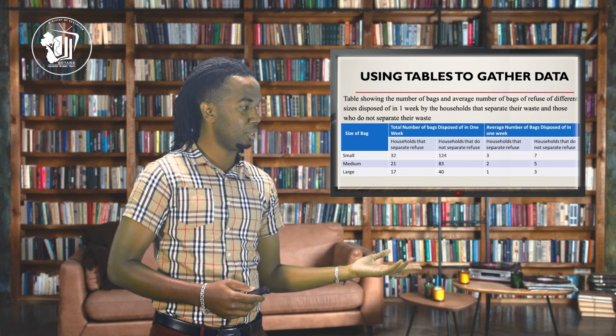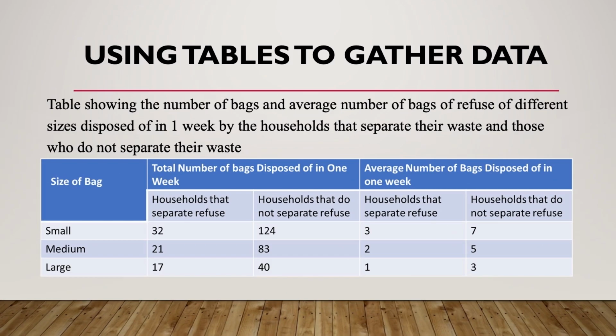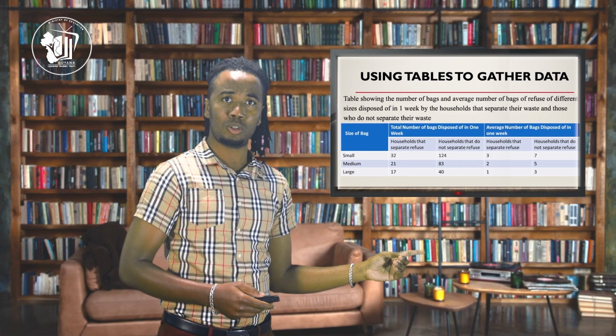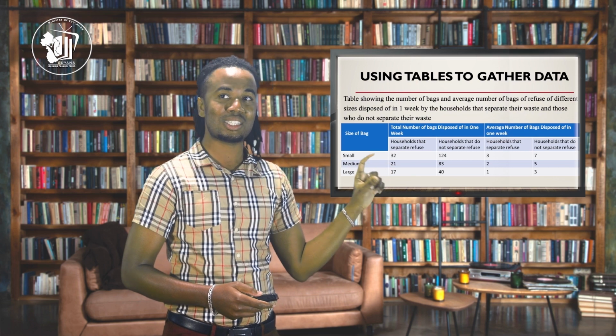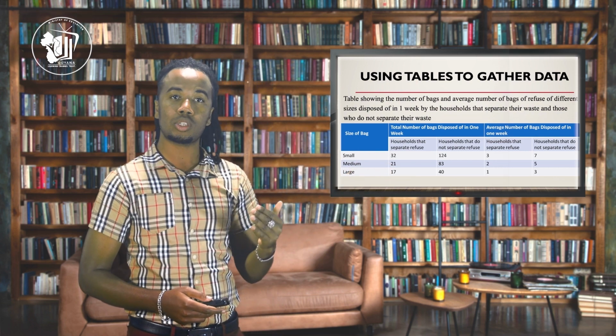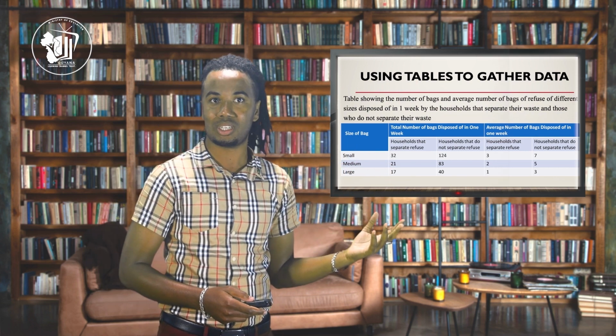So, for example, the table below shows the number of bags and average number of bags of refuse of different sizes disposed of in the week by the households that separate their waste and those who do not separate their waste. Now, looking at this table, we can see that the title is clear. That is, the title is telling us what our table is representing.